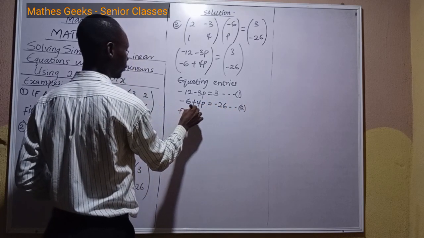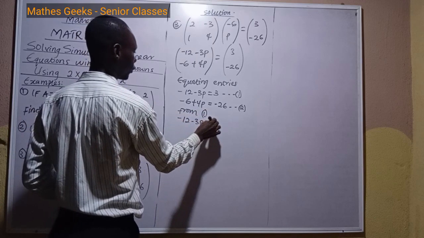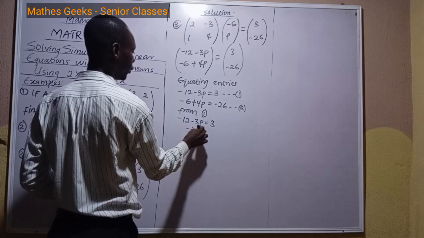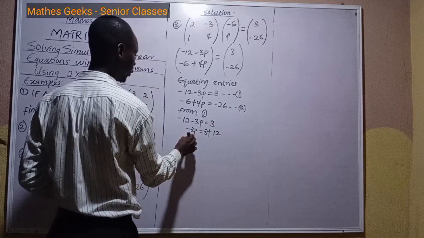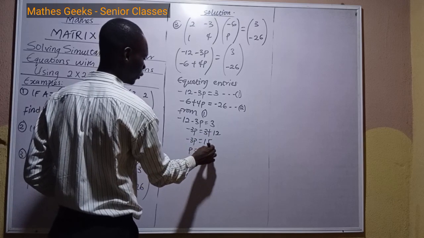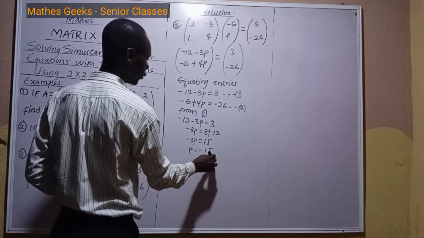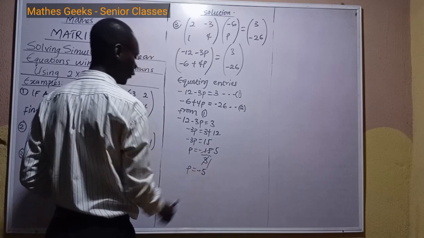So from equation 1, we have minus 12 minus 3p is equal to 3, minus 3p is equal to 3 plus 12. So minus 3p is equal to 15, p is equal to minus 15 over 3, which is minus 5.